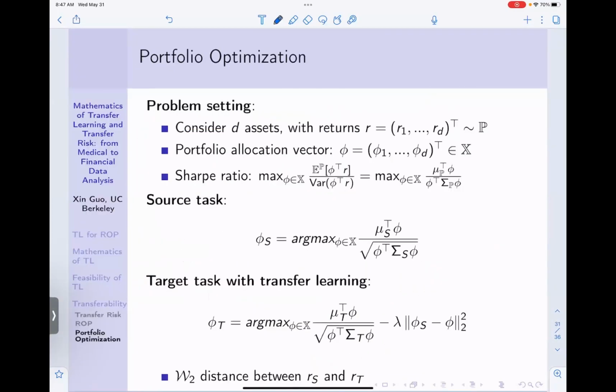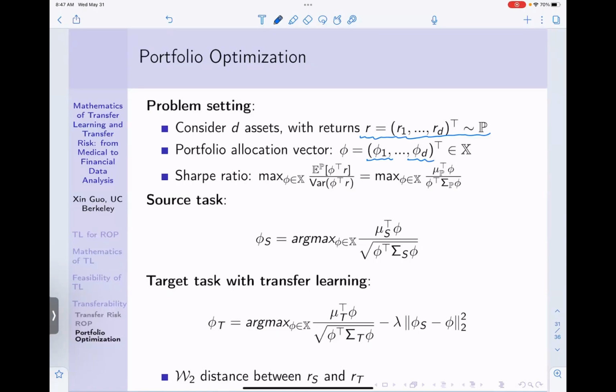Then we go to the section titled from medical to financial data. We actually tried financial data to see whether we can do something interesting. So we go with the classical portfolio optimization problem, where you choose D assets and look at their returns, and then you try to allocate according to a weight on each of the assets, okay? The criterion is the Sharpe ratio.